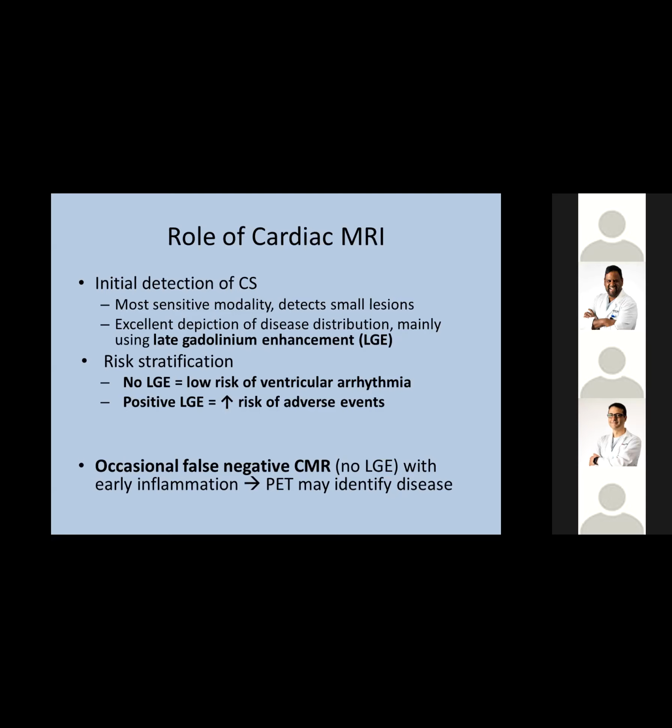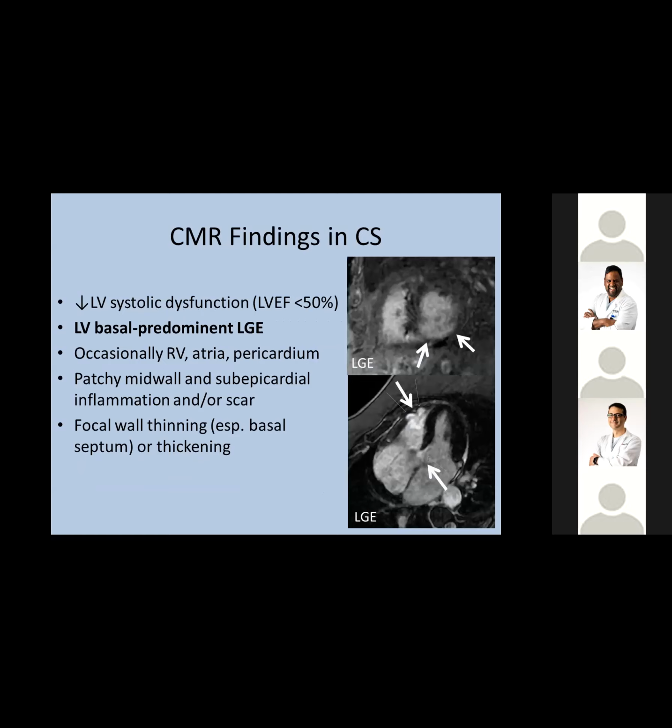Occasionally you would have a false negative study, and that would occur in patients who have very early inflammation that hasn't had sufficient time to generate enough increased extracellular volume that it would show up as gadolinium enhancement. In those cases, they can often be detected with PET. Typical findings we see in cardiac sarcoid are usually decreased global LV systolic function, plus or minus focal wall motion abnormalities, and sometimes wall thinning.